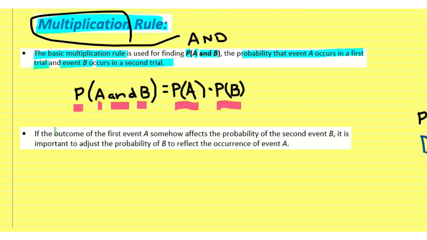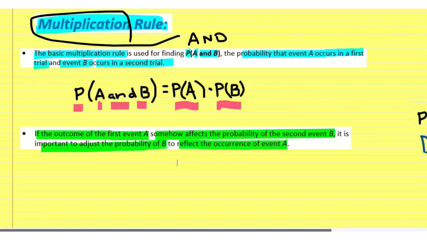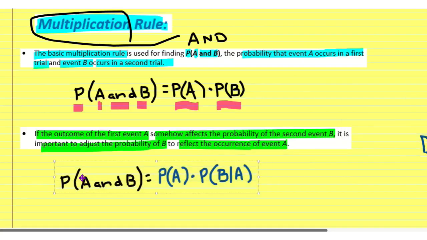Now, there's a different scenario. If the outcome of the first event A somehow affects the probability of the second event B, such as in a given situation, it is important to adjust the probability of B to reflect the occurrence of event A. So the first event is affecting the second event, so it's going to change the second probability.